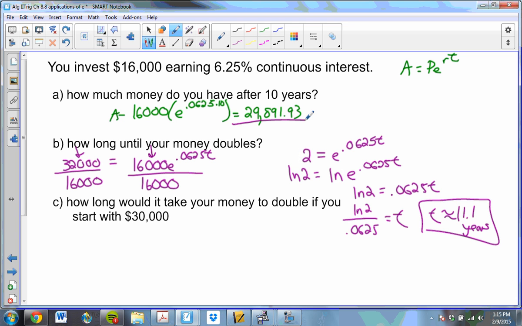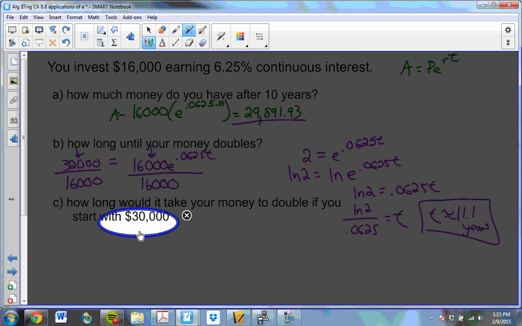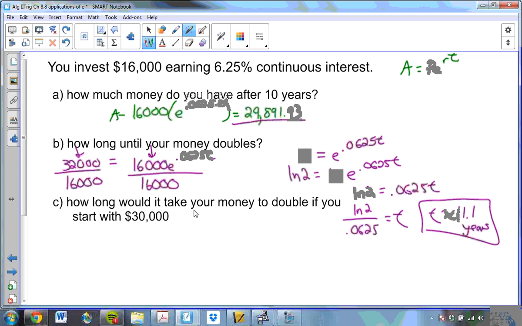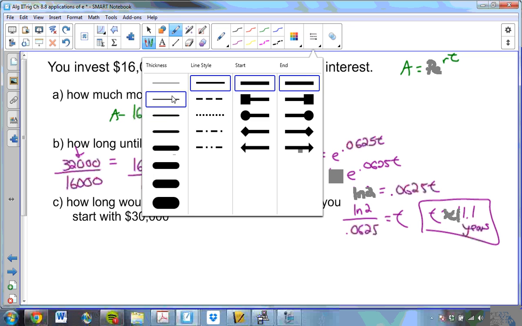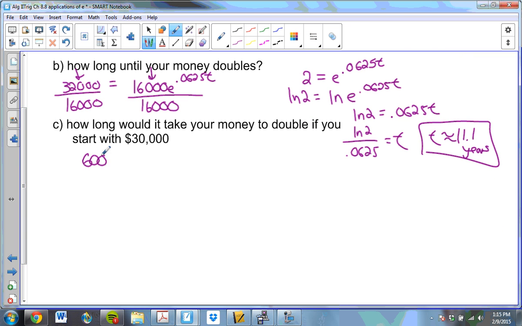Now that was starting with 16,000. But suppose we take that amount and we change it to 30,000. Well, then how long does it take to double? What's really cool about exponential functions is when we're talking about doubling, you're really talking about multiplying by 2. So we're going to want to end with 60,000 and start with 30,000.